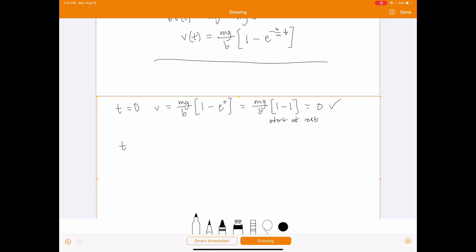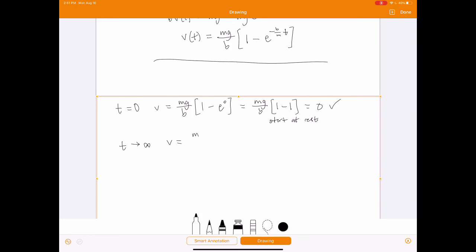Next, I want to think about what happens if we let t get really big. So a long, long time after we drop the object, what can we expect the speed to be doing? So in other words, I'm going to take t to go to infinity. That is another way of saying we wait a really long time after we drop the object.